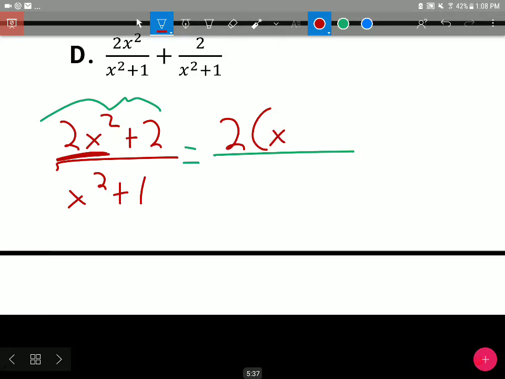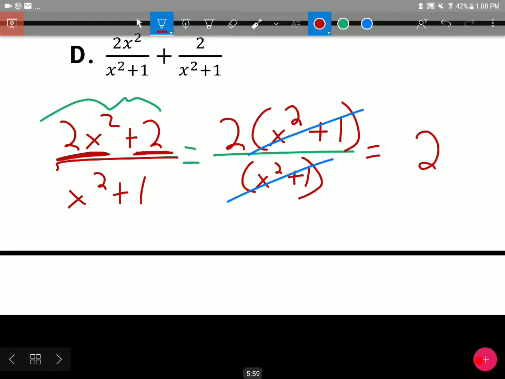If you divide the second one by 2, you get a 1. And what's left on the bottom? It's the same, so what can we do to them? We can cancel them out: x squared plus 1 divided by x squared plus 1 is really a 1. So the answer is 1.